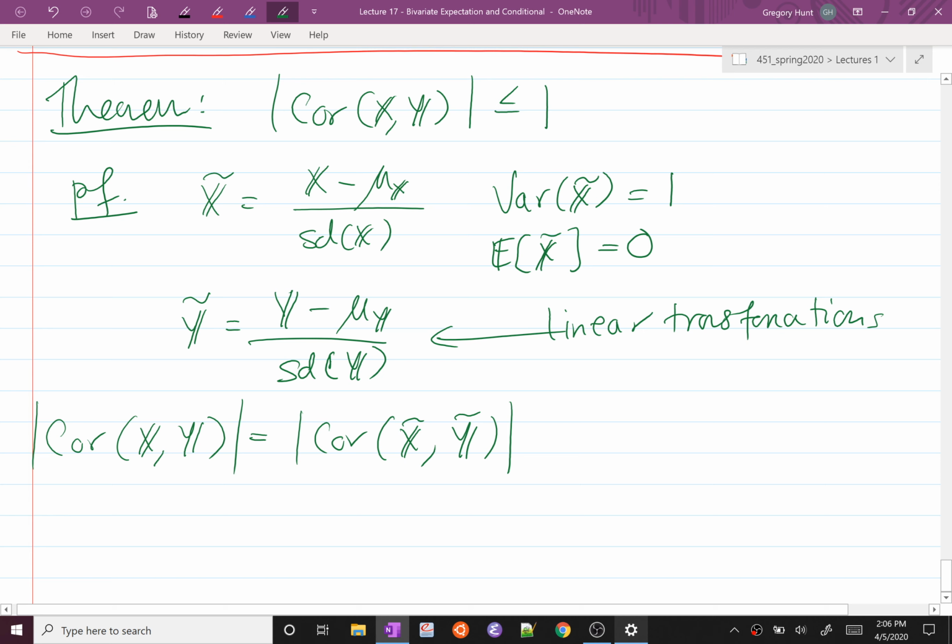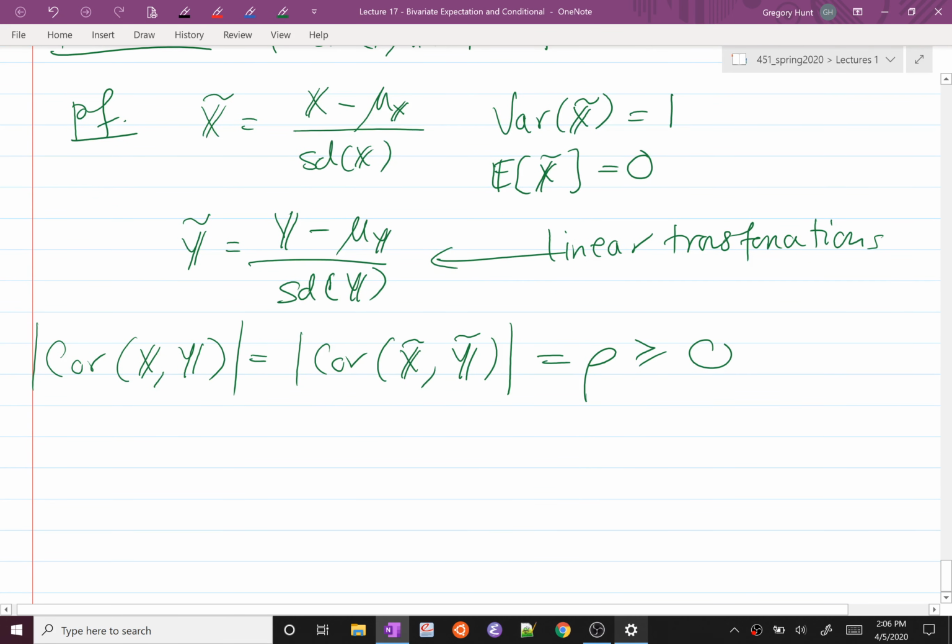Okay, and so let's call this rho. So rho is some number that is bigger than or equal to 0, because we've taken the absolute value here, right? And the correlation is the same, so we're just going to work with the version of x and y where we've mean centered and made it have unit variance.